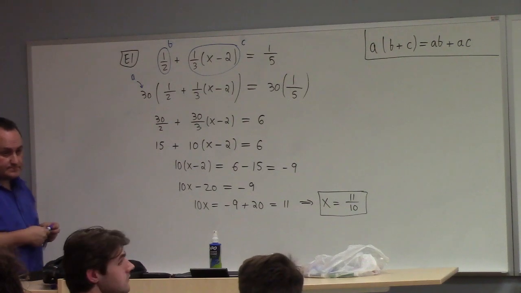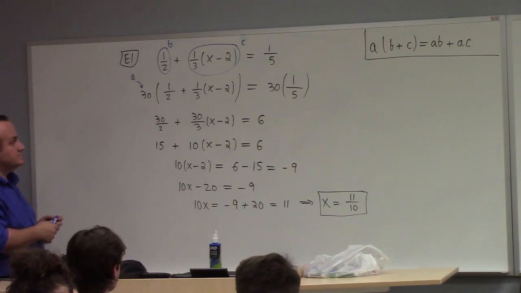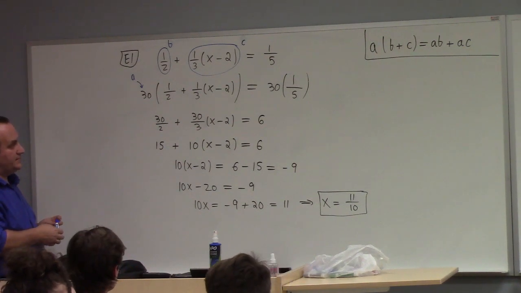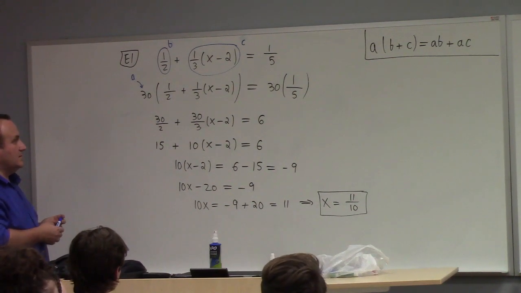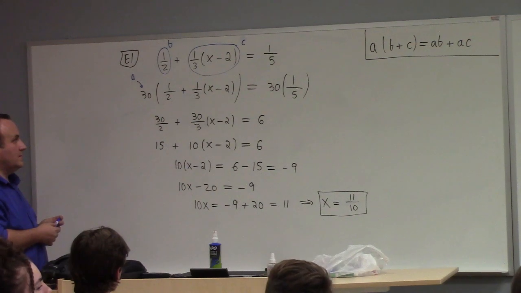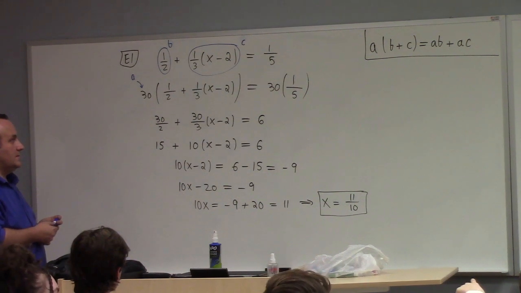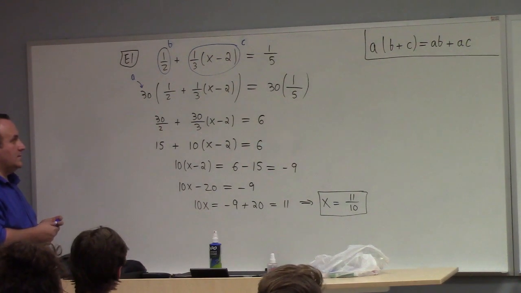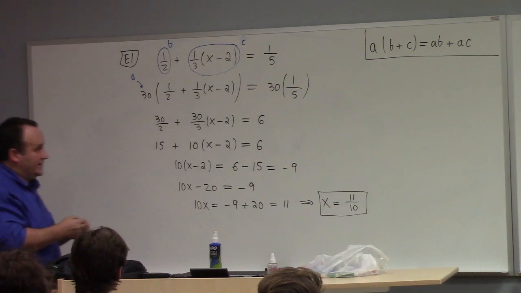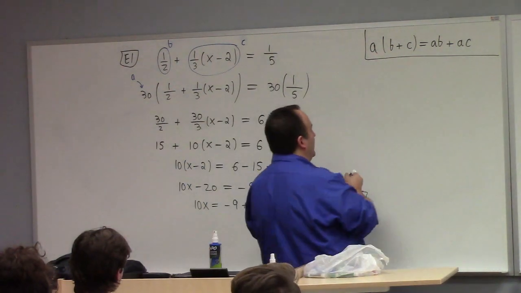So if you don't have something in a parenthesis, like instead of having 1/3 x minus 2, like if you had just x minus 2 over 3, when you're multiplying it by 30, would it just be 30x minus 2 over 30? You know what I'm saying? Not quite. Let me make up a problem for you.